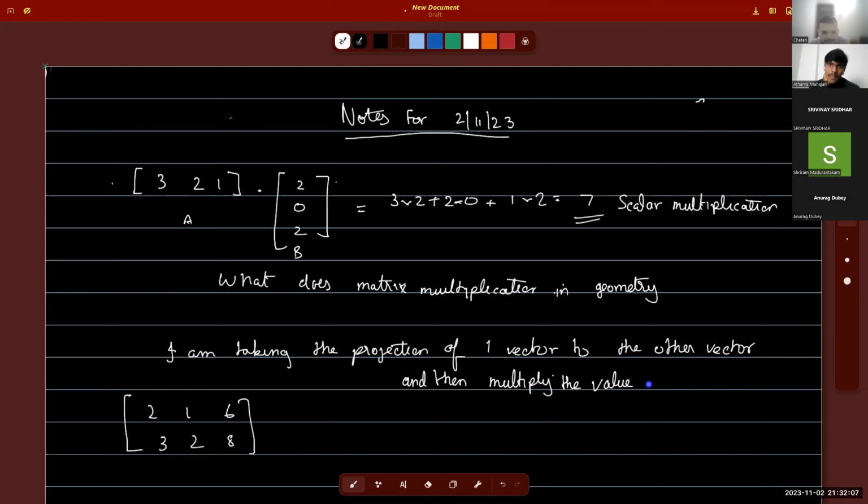Look, when I multiply A vector with B vector, what I'm getting is a matrix of dimension 1 cross 1. I'm not getting a scalar here, right? So what am I multiplying the dot product with?